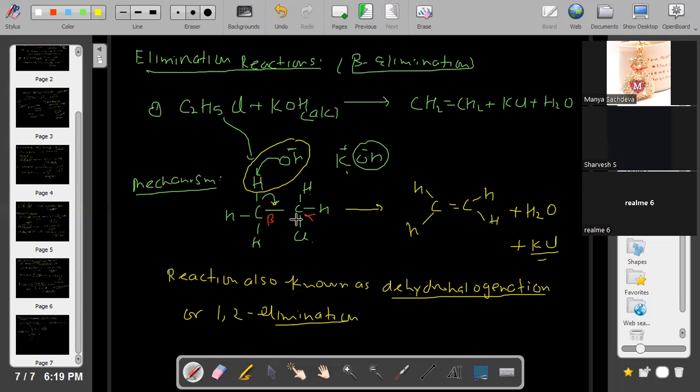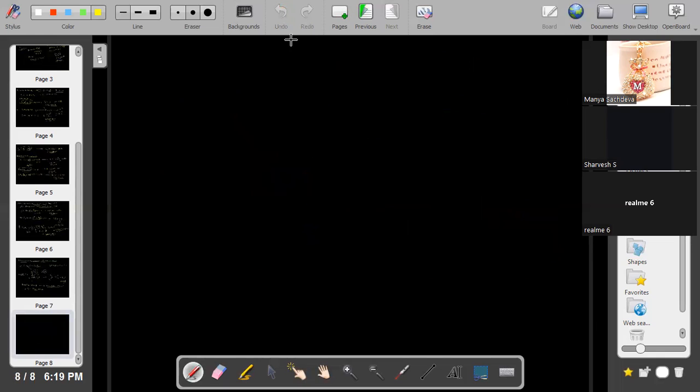Now, one more little bit of difference in this, how we'll do it and what kind of compound. One more important reaction. If you are taking the compound CH3, CH2, CH, Br, and then CH3.